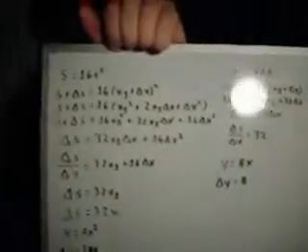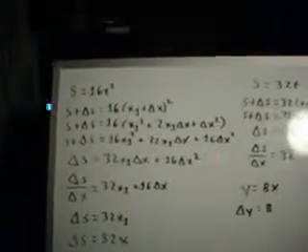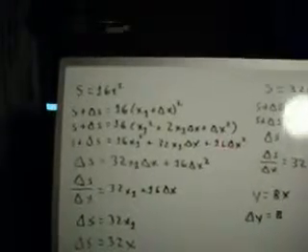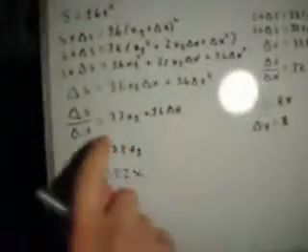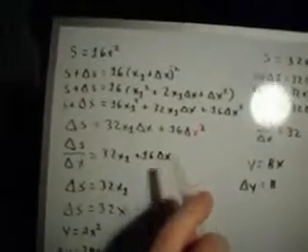So this term disappears, and what we have left is delta S equaling 32 x1 delta x plus 16 delta x squared. Now we're going to divide both sides of this equation by delta x, which leaves us with 32x1 plus 16 delta x here.